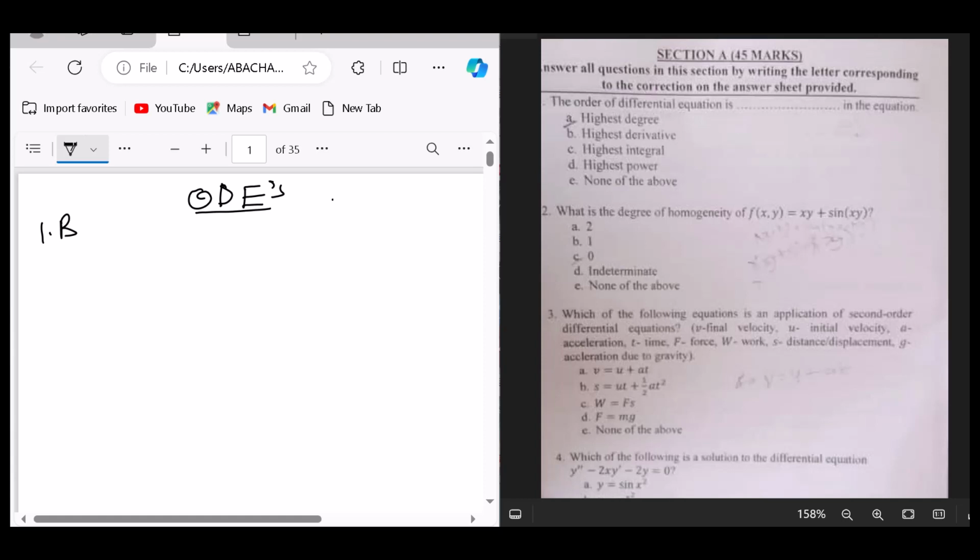And they say, what is the degree of homogeneity of f of x, y equals x y plus sine xy?